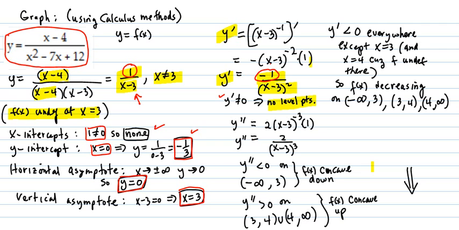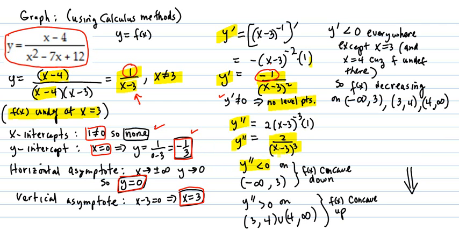Then we continue on with the analysis of the second derivative. Compute the second derivative, and we end up with 2 divided by x minus 3 to the third. So where is f of x concave down? When y double prime is negative.